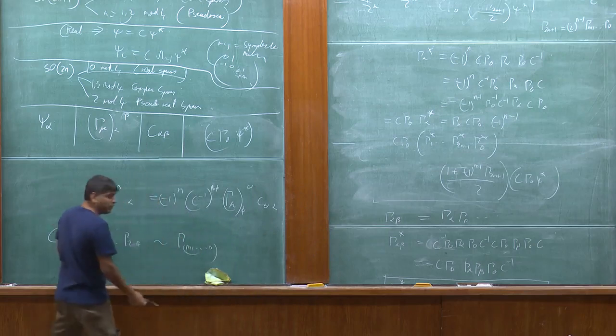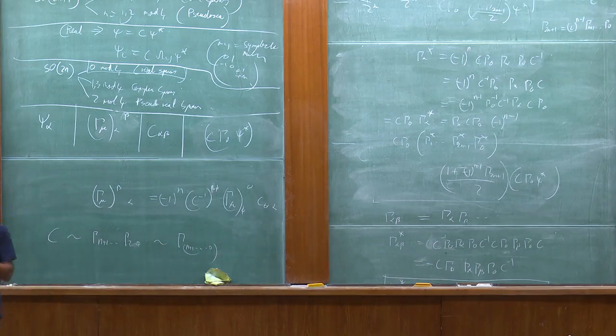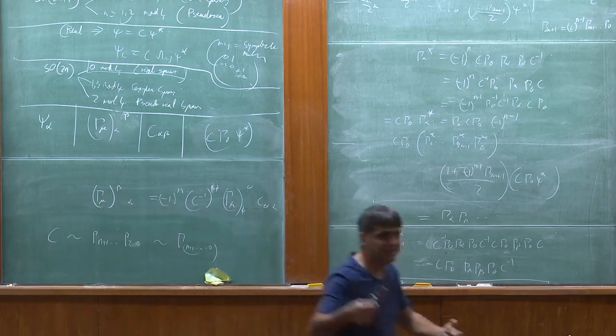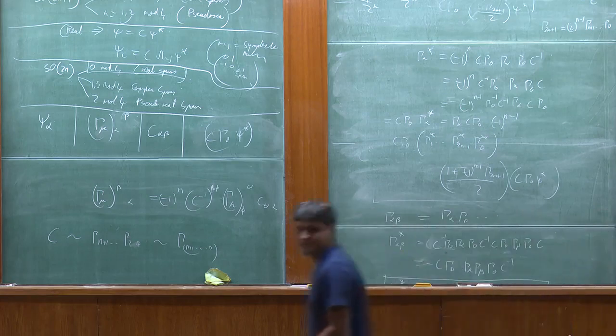So the same object, if you allow it to transform under Lorentz invariance as it would if it had two lower indices, plays the role of C. And as it would with one lower and one upper index, plays the role of a particular component of a tensor. Is this clear?